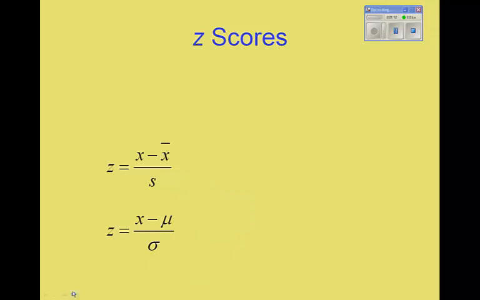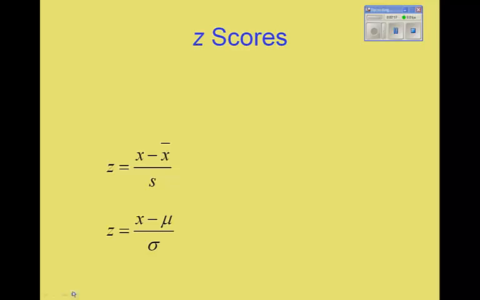We did. 7.6, right? And now we divide by what? The standard deviation. Did we compute the standard deviation for this data? What did you guys get? 0.858 or something like that? Okay?